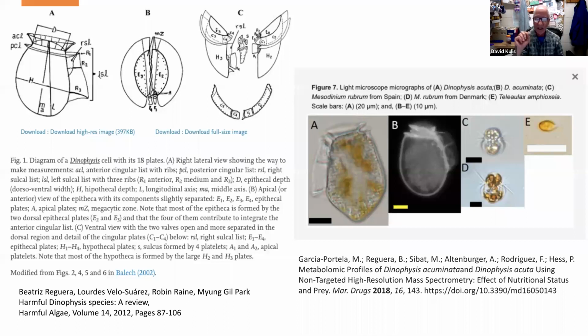It feeds through a peduncle, or feeding straw, and it captures these little ciliates in panels C and D, and those are called Mesodinium cells. The Mesodinium actually eat the little cell in panel E, which is a cryptophyte, Teleaulax. So it's a three-tiered system where the Teleaulax feed the Mesodinium, and the Mesodinium feed the Dinophysis.